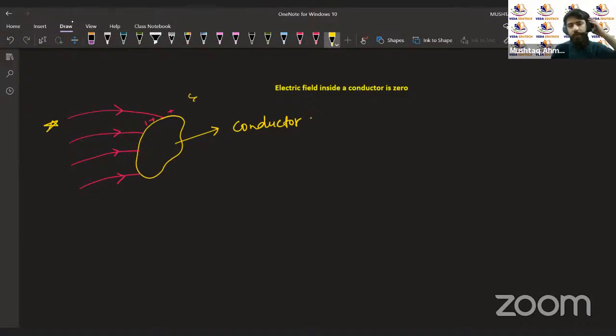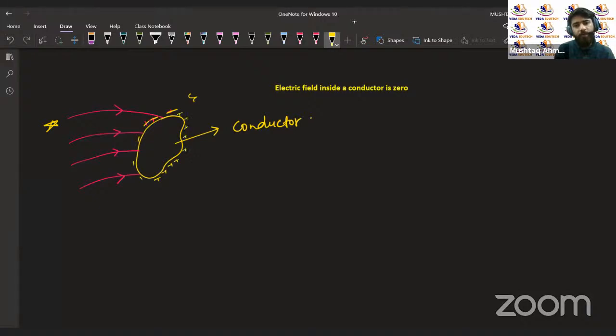It's a metallic conductor, so the electric field lines will always terminate on this conductor like this. Suppose this region is negatively charged, and this side of the conductor is positively charged.